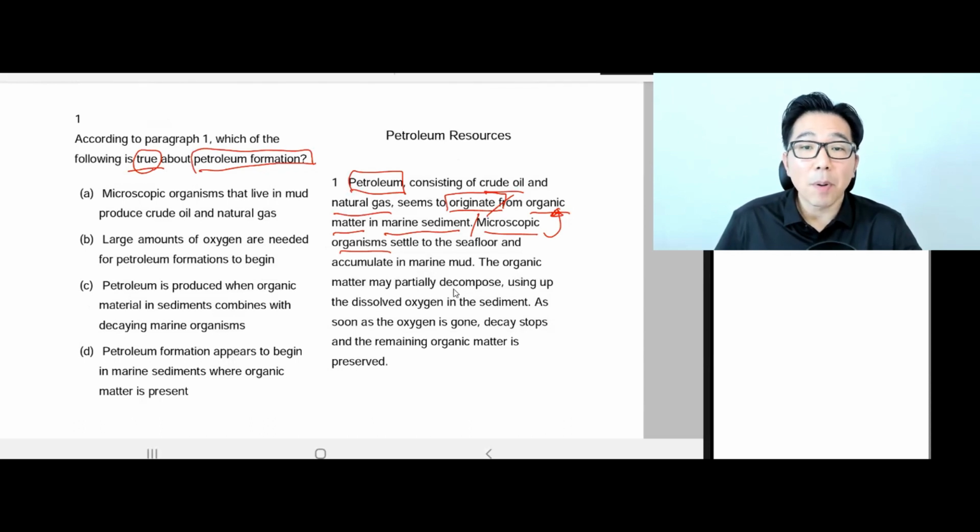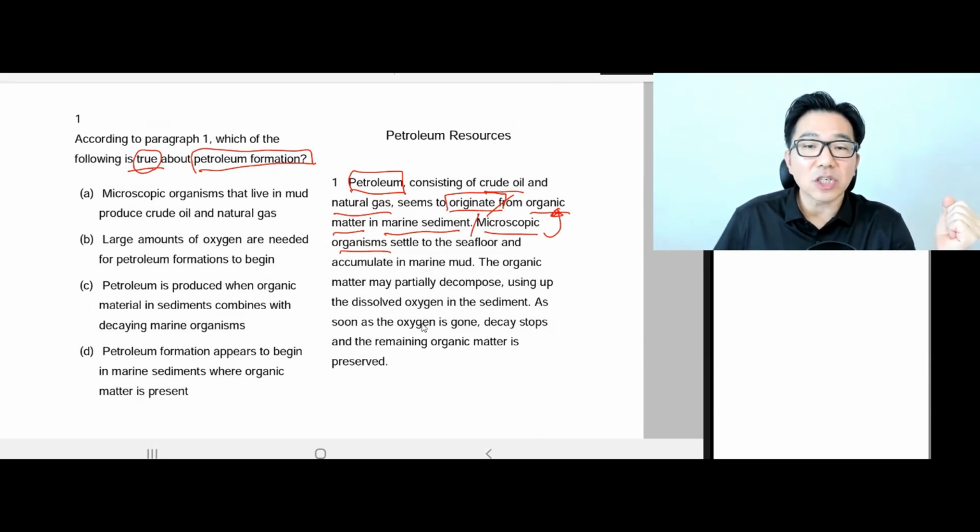Okay, decompose, decay, using up the dissolved oxygen in the sediment, because you need oxygen to be rotten. For something to decompose, you need oxygen. So part of organic matter do get decayed, decompose by using up some oxygen in the sediment.